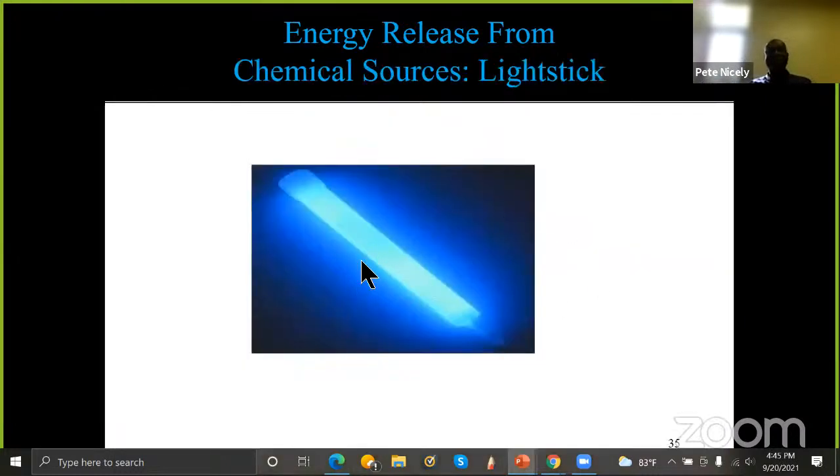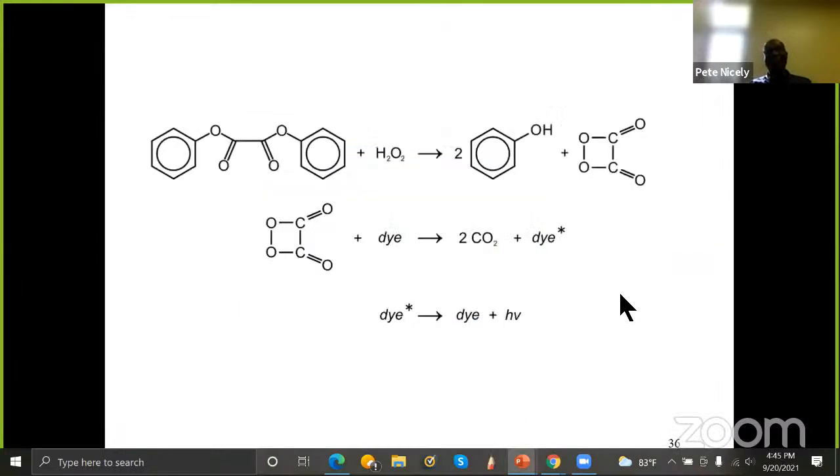All right. So this is the light stick that I referred to earlier. And this basically produces light as a result of this series of reactions. Now, this may seem confusing because I don't think any of you have been exposed to organic chemistry, but basically this molecule here reacts with hydrogen peroxide to form these two molecules. This molecule here is very unstable, right? And because it's very unstable, it has a high amount of energy associated with it.